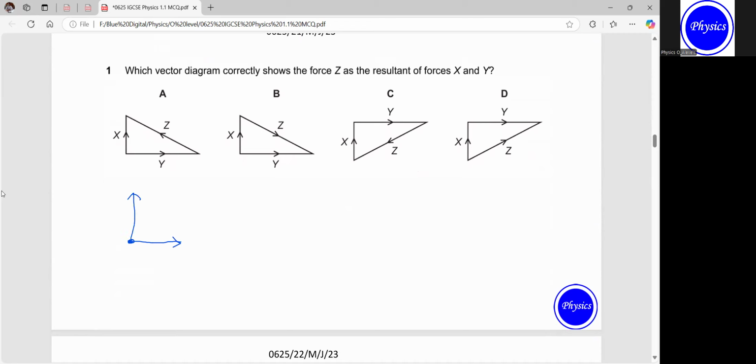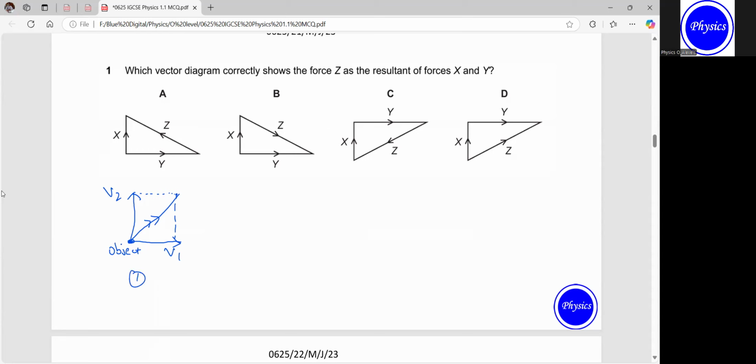Then the resultant can be found by completing the rectangle and starting from the object. An object is subjected to two vectors, vector 1 and vector 2. The resultant vector will be from the object going to the other end of the diagonal. So that would be the resultant direction.